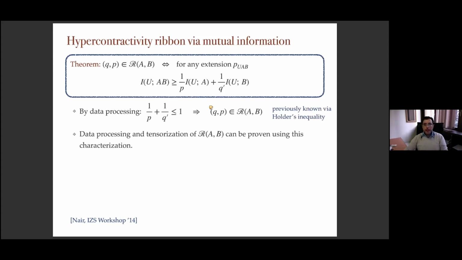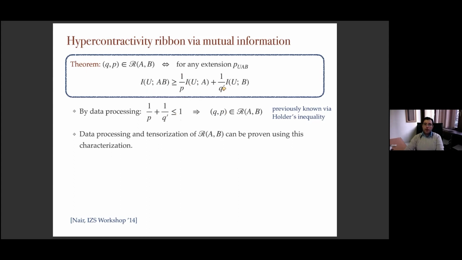Now, remember that if 1 over p plus 1 over q prime is less than 1, then the P to Q norm is always less than 1. And you can easily see that from this inequality here.